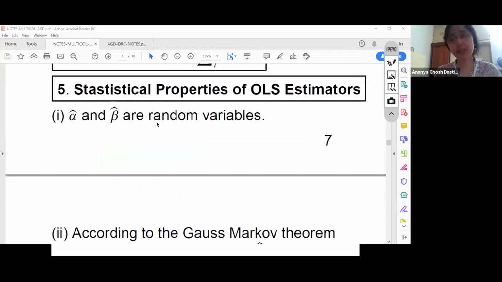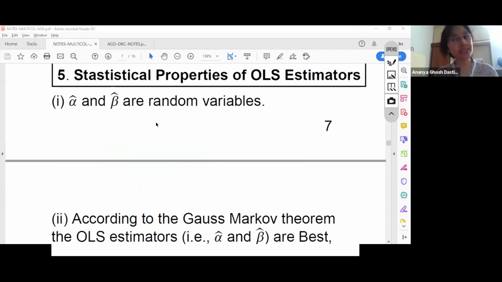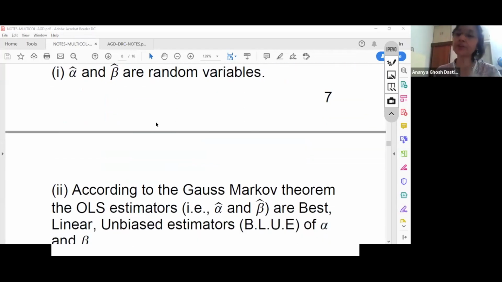We realize therefore that they have probability densities, and the Gauss-Markov theorem tells you that these are best linear unbiased estimators, which are properties of the estimators linked to the mean and the variance respectively of the probability distributions of alpha hat and beta hat, right?